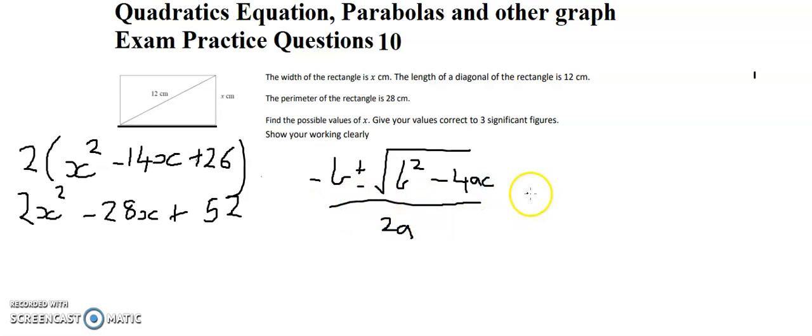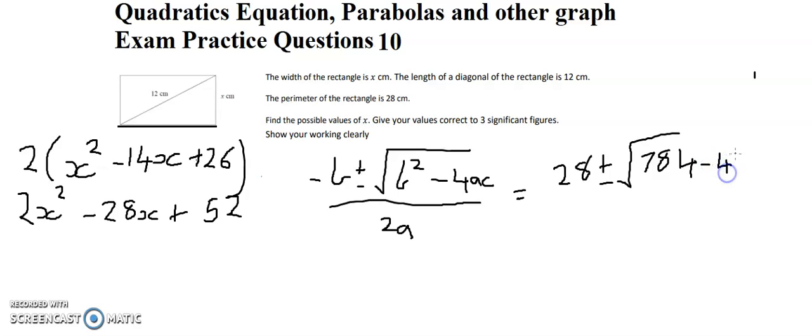So to start off, we've got negative b. Our b is negative 28, which means it will just be 28. Plus or minus the square root of b squared, which is 784, and then we've got negative 4 times a times c, which equals negative 416. And then that whole thing is divided by 2 times a, which is 4.